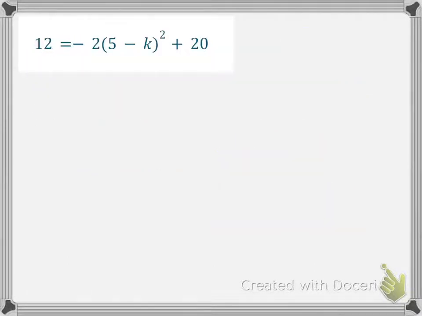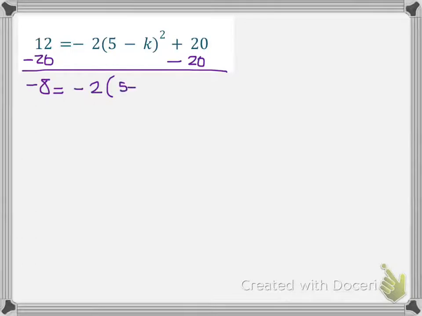Number two, very ugly. But really, we're just trying to isolate the k this time, isolate the variable. So how about subtract 20? That leaves us with a negative 8 is equal to a negative 2 times 5 minus k, and that is squared.